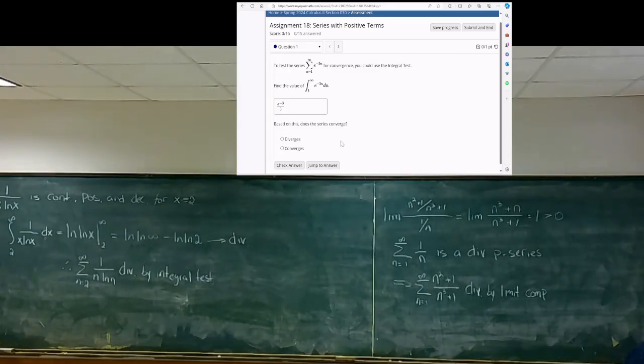No, diverge. No, wait. Not necessarily. And so the improper integral converged. So what does the series do? Converges.